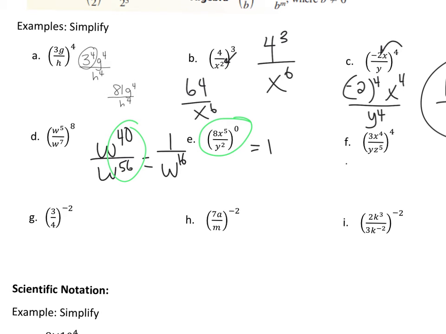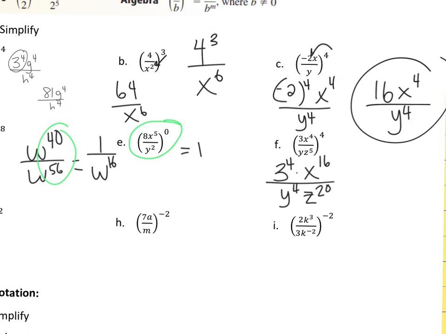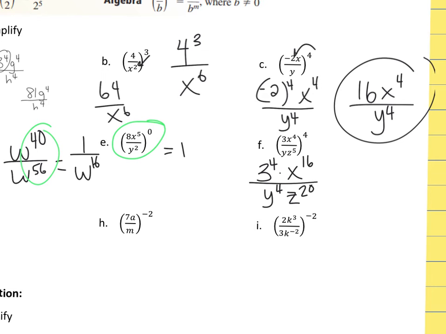F is going to be 3 to the 4th times x to the 16th over y to the 4th times z to the 20th. So 3 to the 4th again is 81. So it's 81 x to the 16th over y to the 4th z to the 20th.